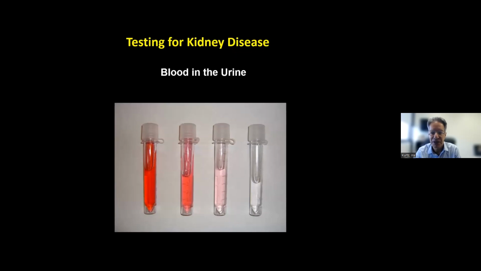We should not see blood in the urine. So we look at the urine for blood also grossly, as you can see here, but there might be blood in this first tube. It's just that you don't see it because there aren't enough red blood cells to create the color. We also look at the urine under the microscope, and when the doctor sends off the urine, it includes not just a test of the protein and other things that I'm not going to have time to mention today, but also a look under the microscope to see if there are red blood cells.